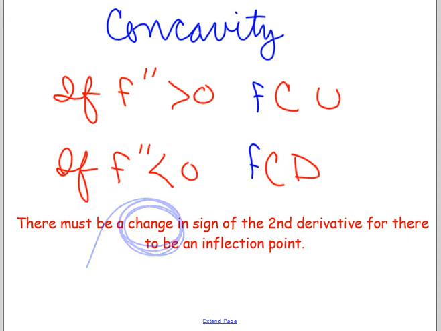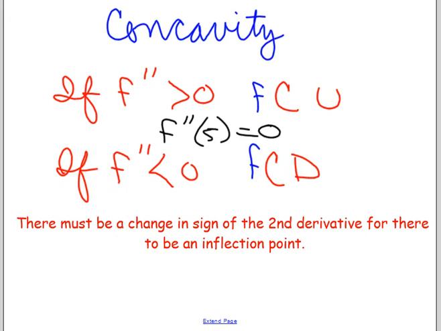If I say, prove to me that there's a point of inflection at 5, you're going to first show me that f double prime of 5 is equal to 0, and then you're going to show me that to the left of 5, maybe you plug in 4, it might be less than 0, and to the right of it, it's greater than 0.